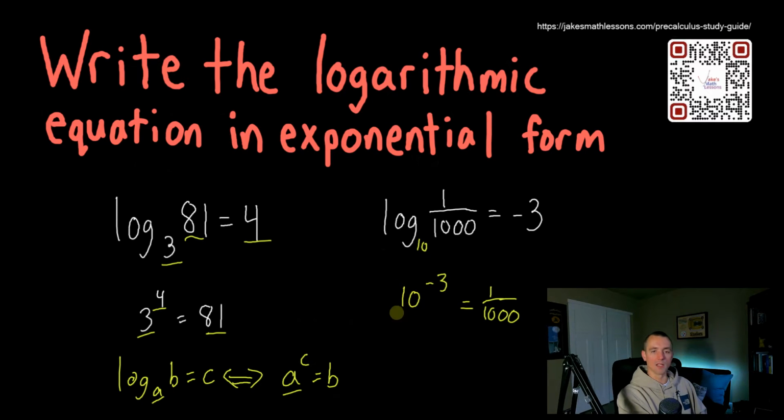So this says 10 to the negative 3rd power equals 1 over 1000, which we know is true. Because if you have 10 to a negative power, that converts it to be 1 over that thing. So this is the same as 1 over 10 to the 3rd power, and 10 to the 3rd power is 1000. 10 times 10 is 100, 100 times 10 is 1000. So this is equal.